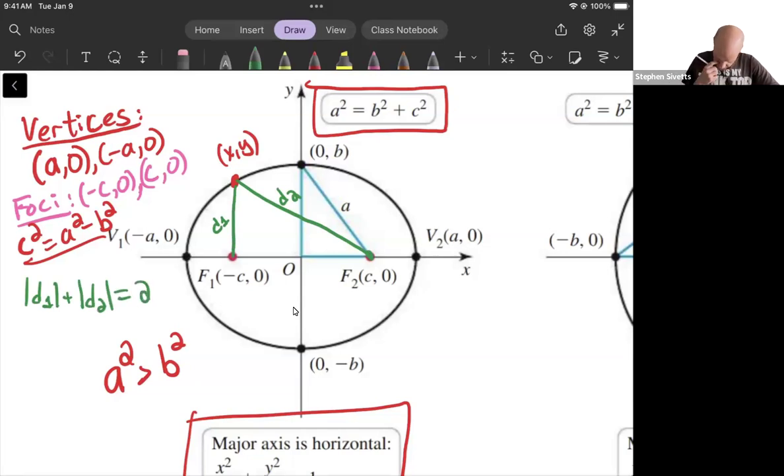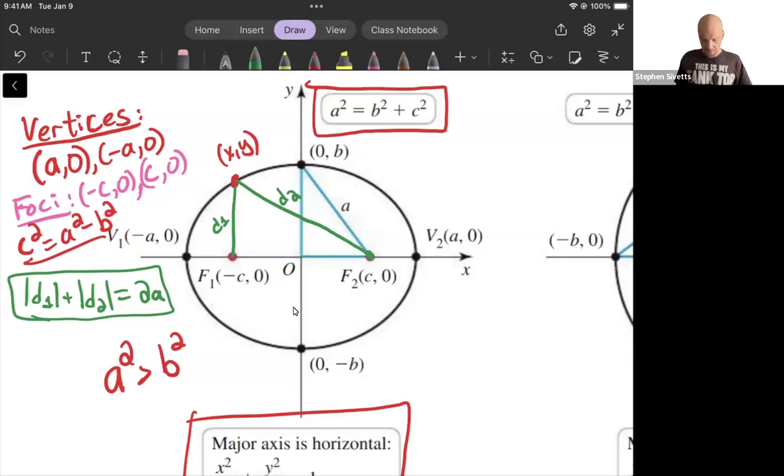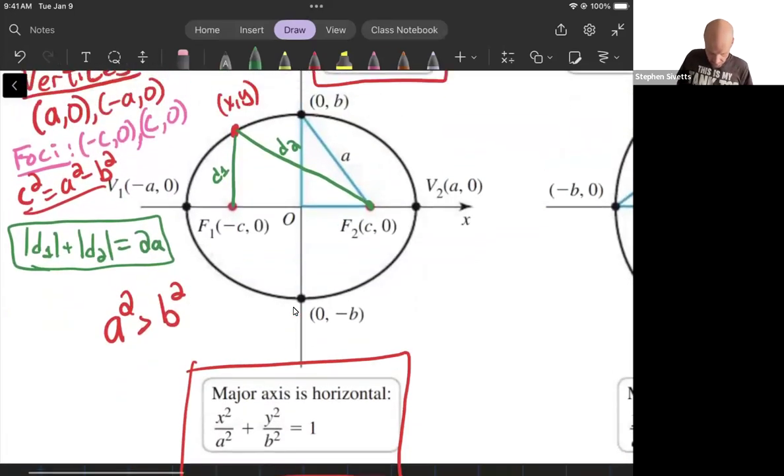Namely, it's 2 times A, 2 times the major axis. And that's what's special about ellipses, okay?